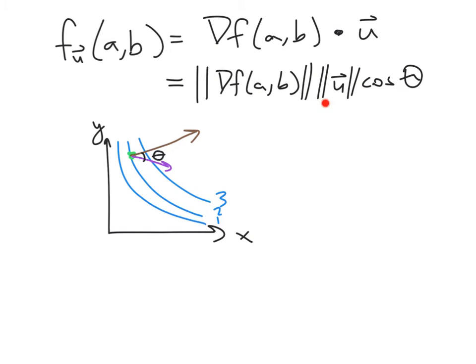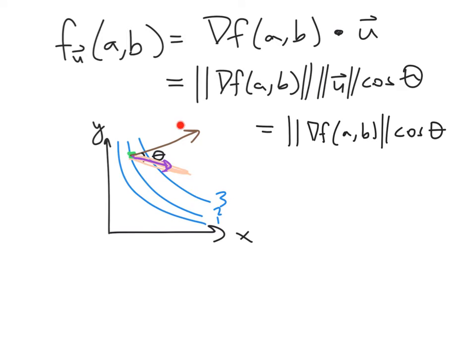But our direction vector is a unit vector, so this simplifies immediately to the magnitude of the gradient vector times the cosine of the angle between them. Looking at this geometrically, if here's our gradient vector and here's our direction vector, this length times the cosine of this angle gives us the component along this direction.